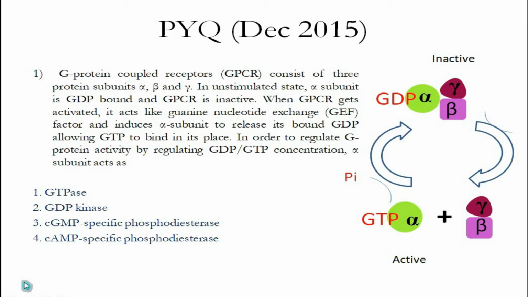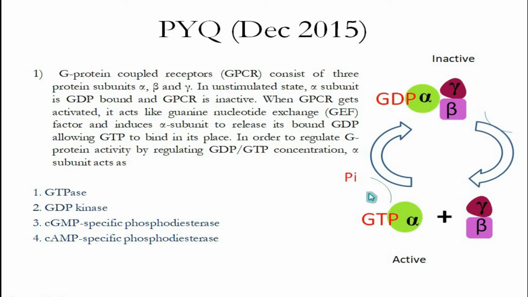Here, the inactivation of G protein is controlled by its GTPase activity. The G alpha subunit can turn itself off by hydrolysis of GTP into GDP and phosphate.